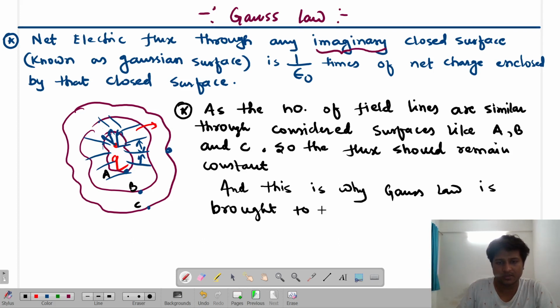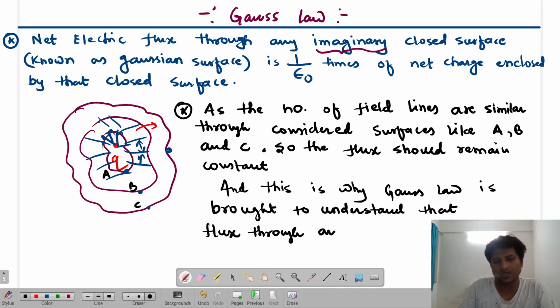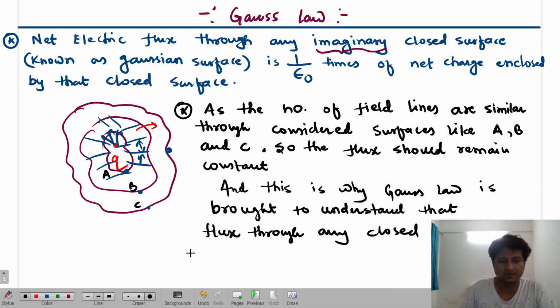To understand that field flux through any closed imaginary surface should be fixed.